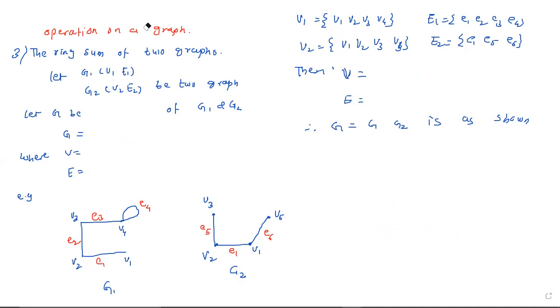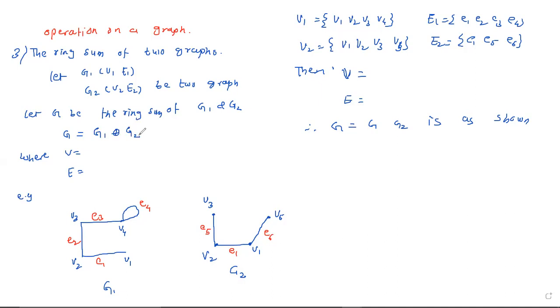Okay, so pay attention. Now here, the ring sum of graphs is represented like this: G1, in ring we write the summation sign, G2.